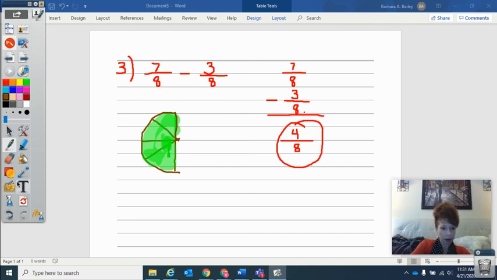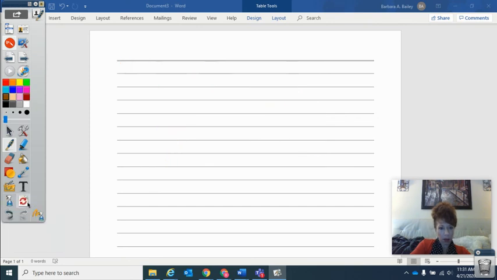Okay. So now I'm going to give you an example of a subtraction, and I want you to try it on your own. Orange. Let's see. I'll do 6 tenths minus 2 tenths.